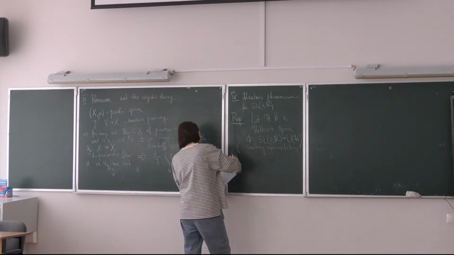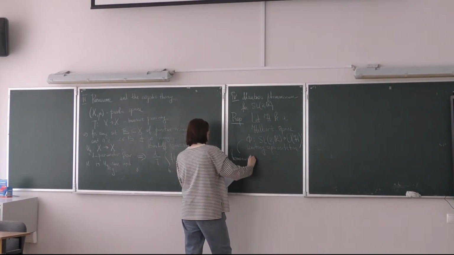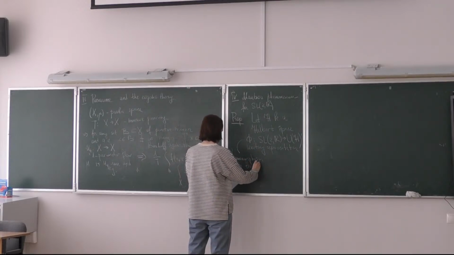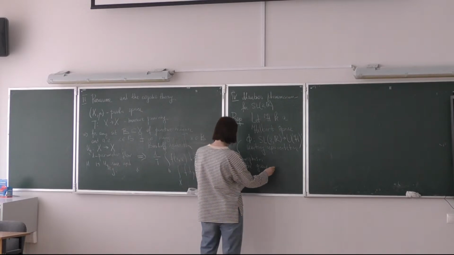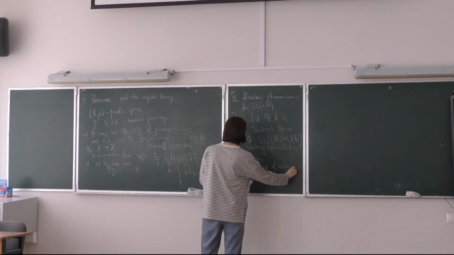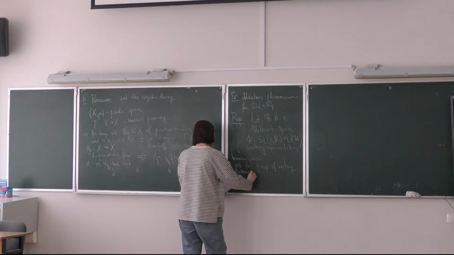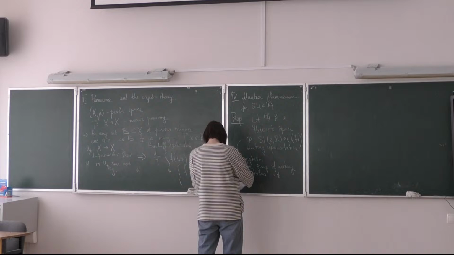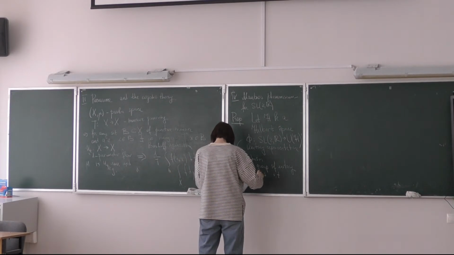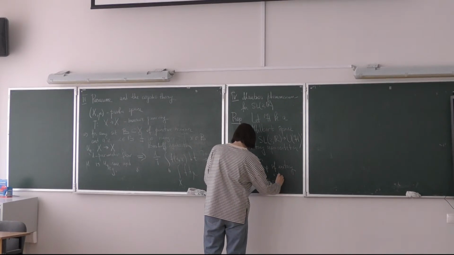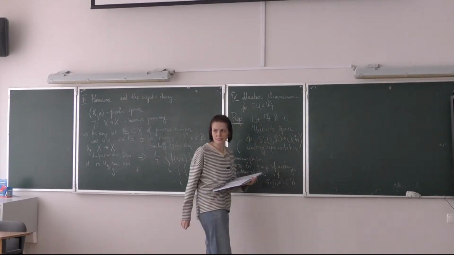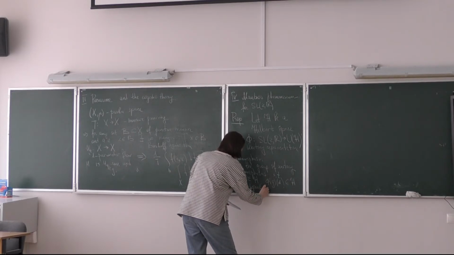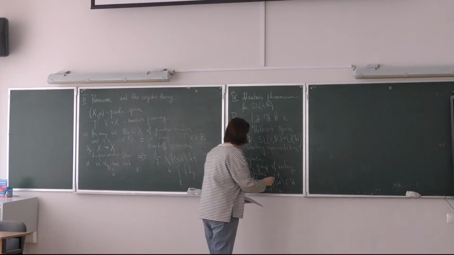So it's a homomorphism into the group of unitary automorphisms such that for any v in our H, ρ(g)v is also in H, and it depends continuously on g in SL2R.